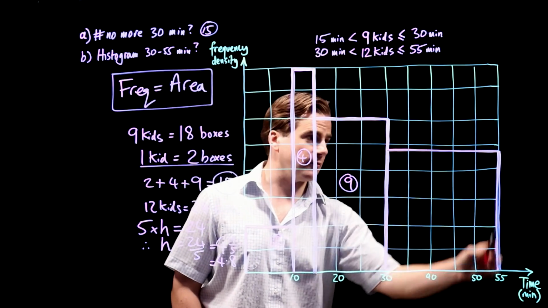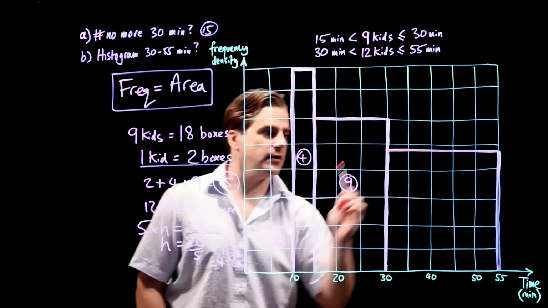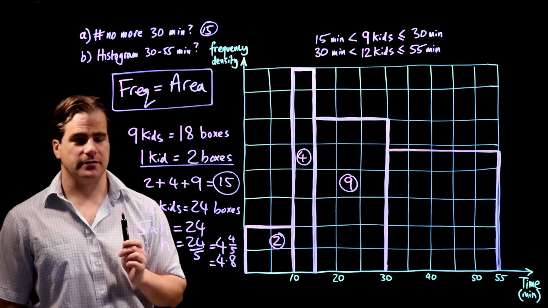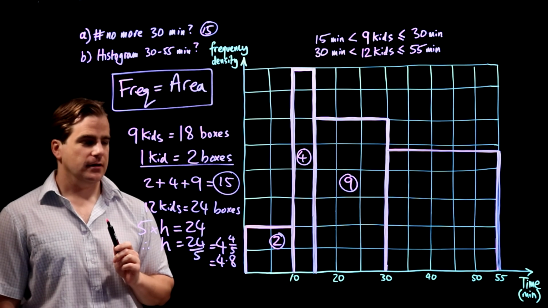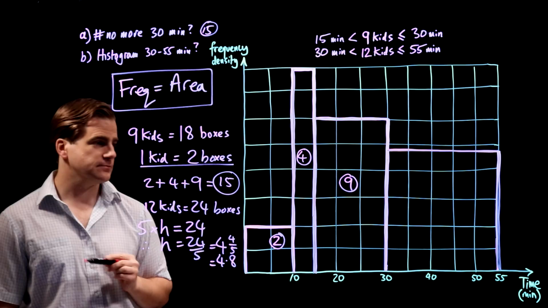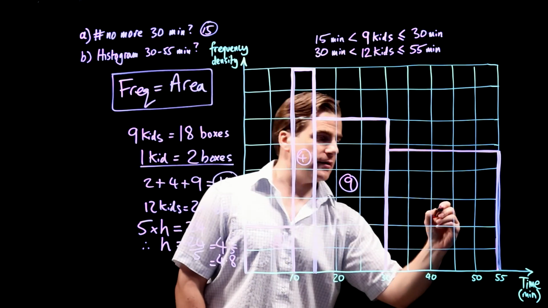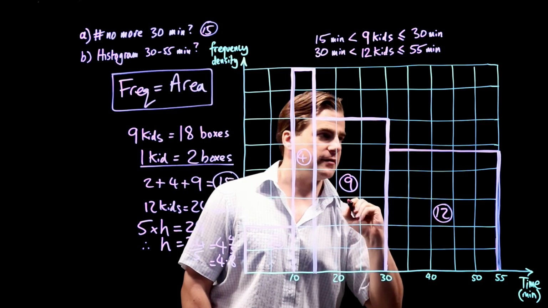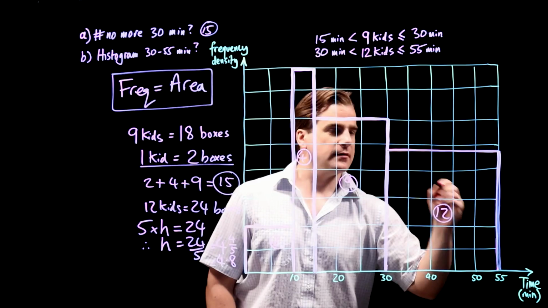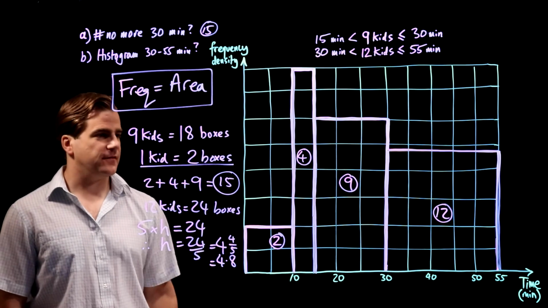So that's how you work out the correct height of your histogram box. There you go. That is 12 kids there. Fantastic.